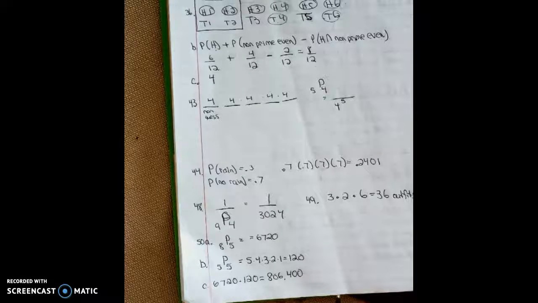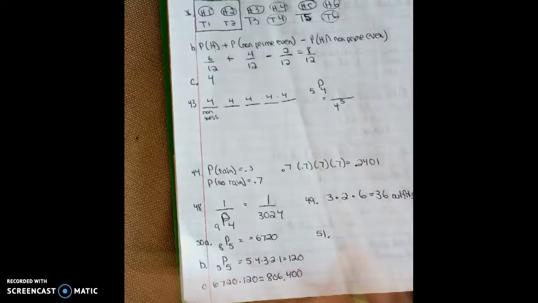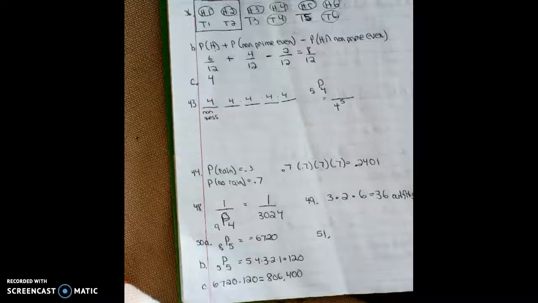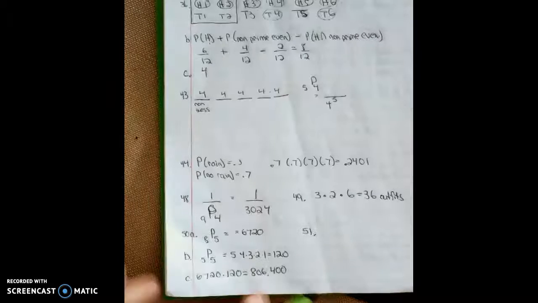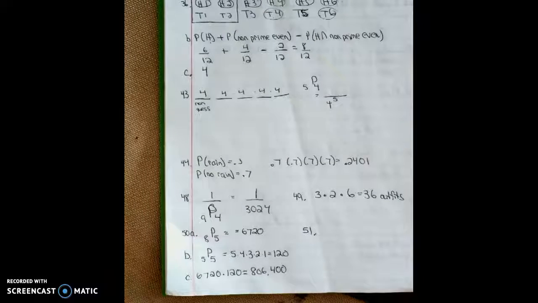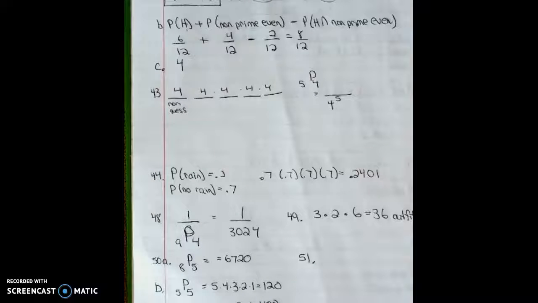Alright, last question. Question number 51. How many different ways are there for a 6-player volleyball team and their coach to line up in a row for a photo if the coach wants to stand at one of the ends? Okay, so if you can envision, you've got a photo.